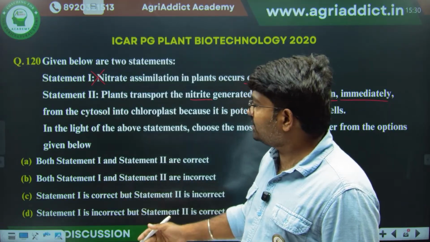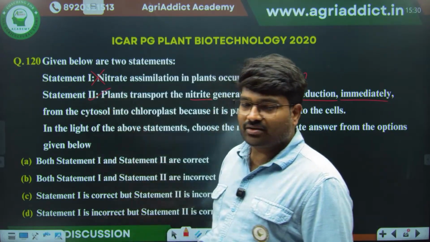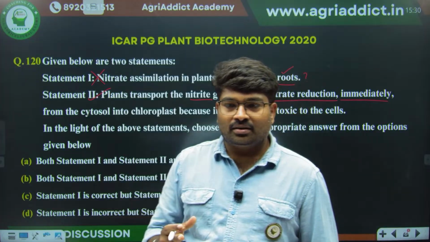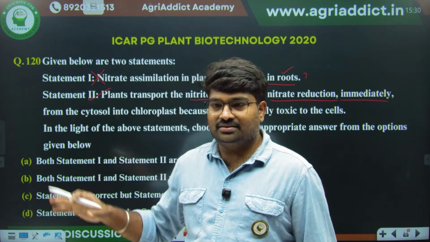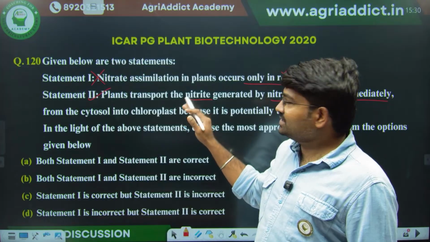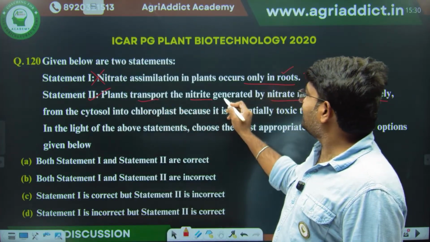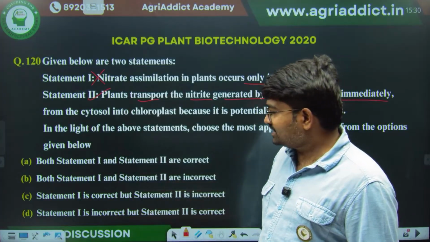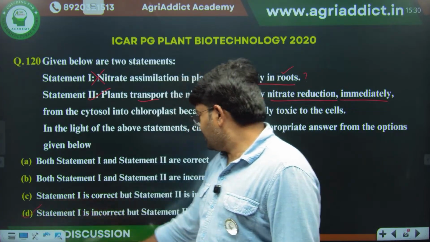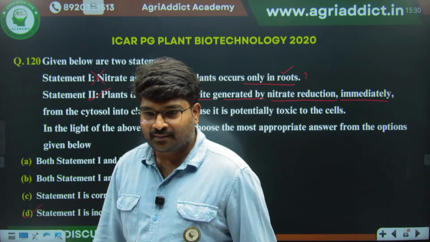Yes, that is true. It will immediately transfer. Okay, this is clear. So the plant transports the nitrate generated by nitrate reduction immediately. This is also a correct statement. So statement 1 is incorrect and statement 2 is correct.